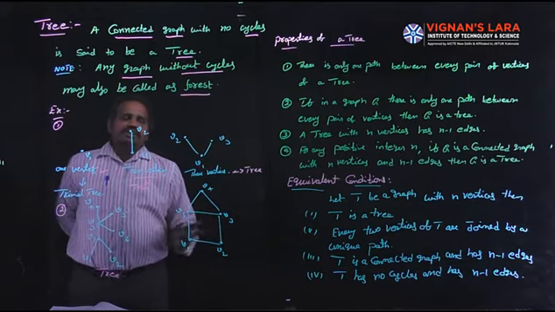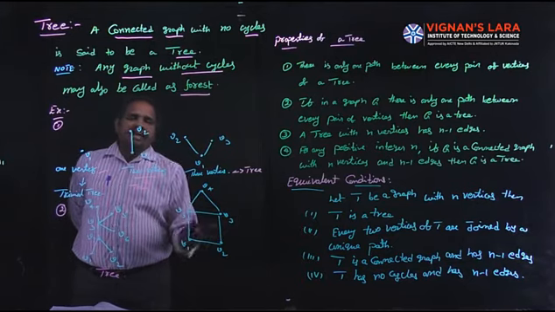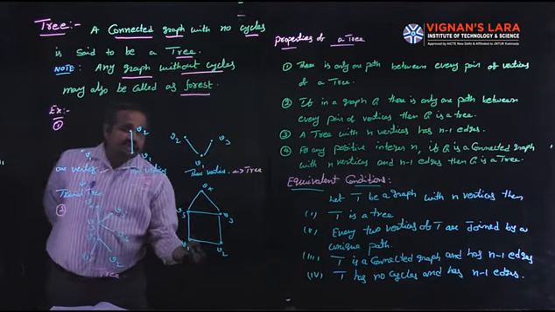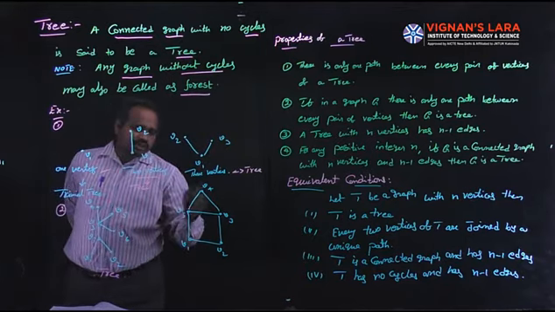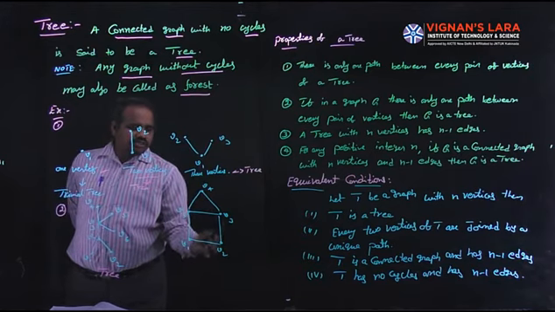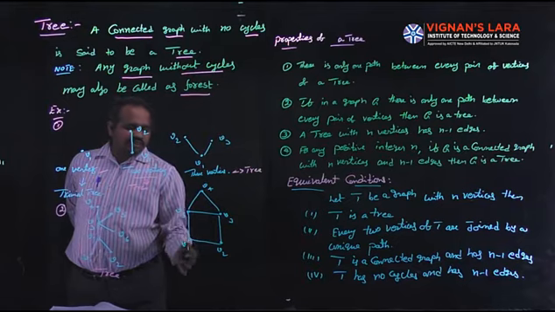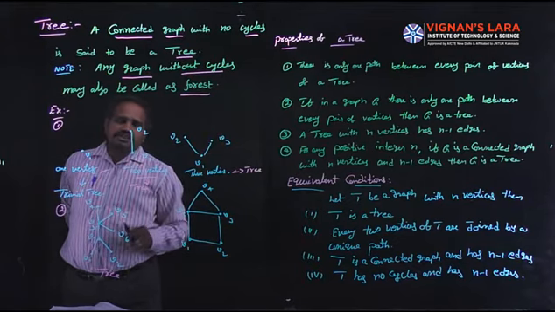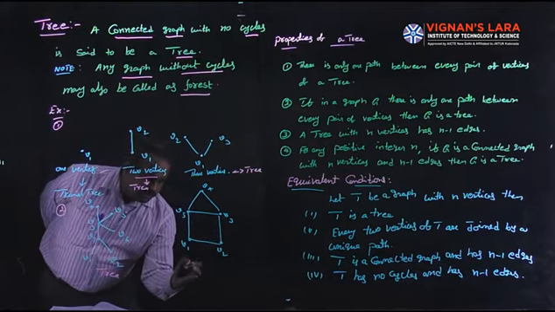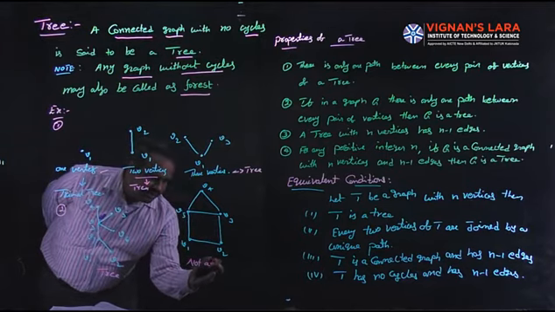Every pair has a route, so it is a connected graph. But there is a cycle in this graph. See this: if I start at v1, v1 to v2, v2 to v3, v3 to v5, v5 to v1, there is a path which is a cycle. So it is not a tree. It is an example of a graph that is not a tree.